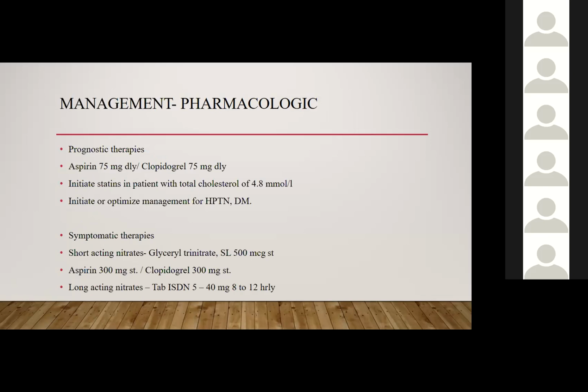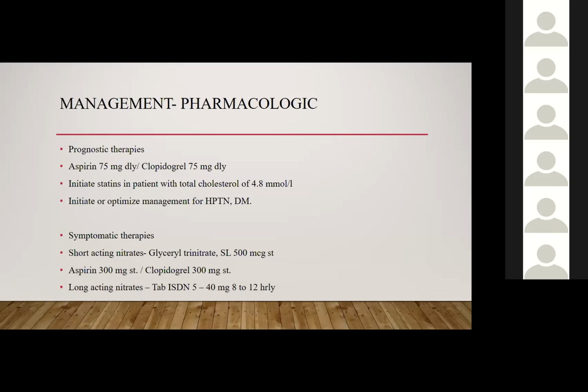We foresee the risk of developing an ischemic heart disease. So in such situations, we try to put them on some form of antiplatelets. We try to put them on some form of prophylactic statins, basically, or should I say antilipidemics, so that you can prevent the formation or progression of an atherosclerotic plaque.